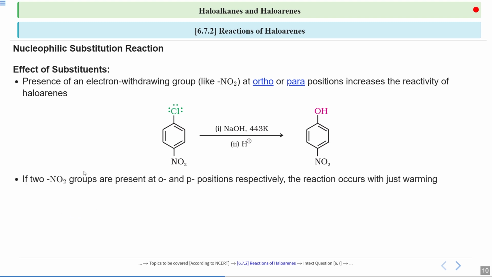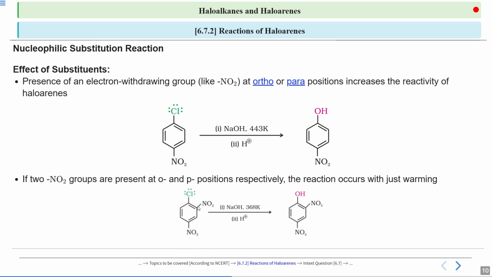What if we have two NO2 groups present at ortho and para positions respectively? Now, if you place two nitro groups, one at ortho and one at para position, the reaction will occur with just warming. The temperature needed for the removal of the halogen from the benzene ring will be lesser if there are two NO2 or two electron withdrawing groups at the ortho and para positions.